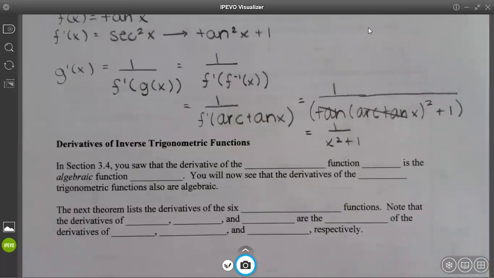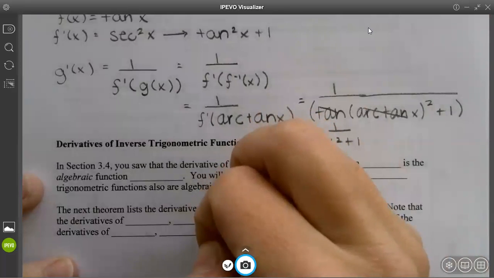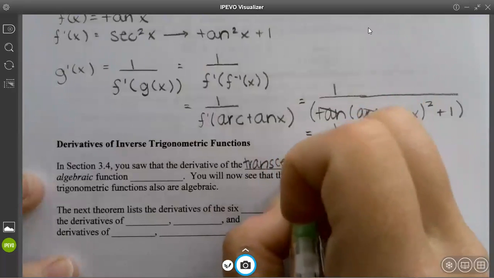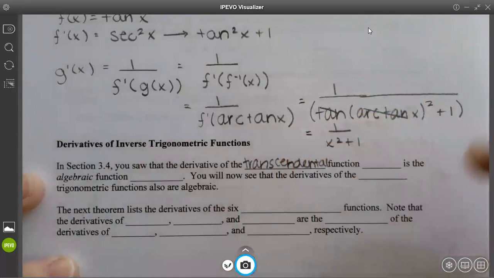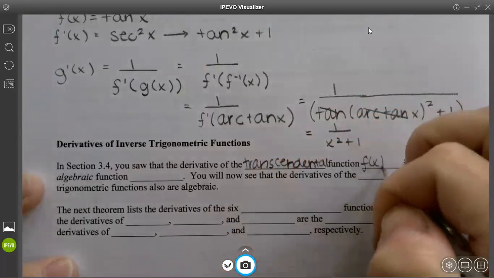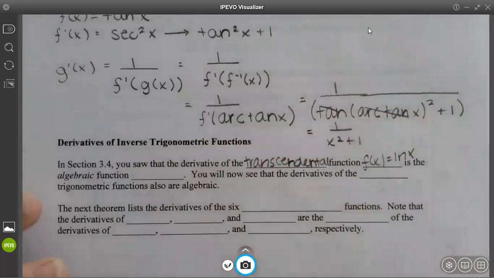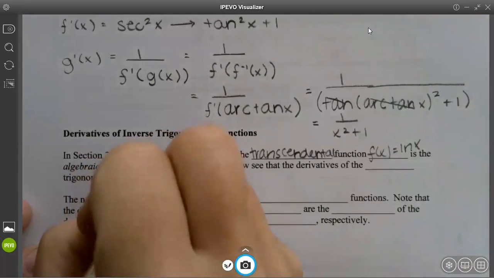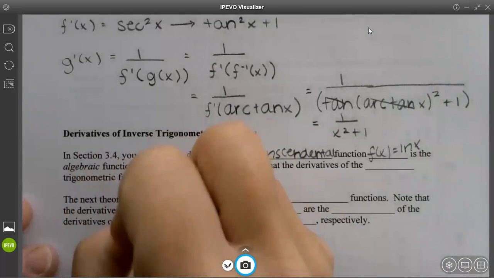Derivatives of inverse trig functions. There's rules for these. Okay, so this was, how do they get the rule for the derivative of arc tan or anything like that? And so that was more of a proof. So in section 3.4, you saw that the derivative of the transcendental function f of x equals ln x is the algebraic function f prime x equals 1 over x.